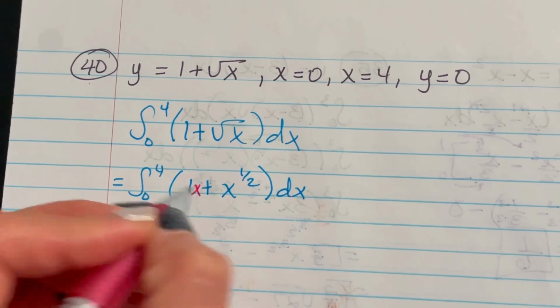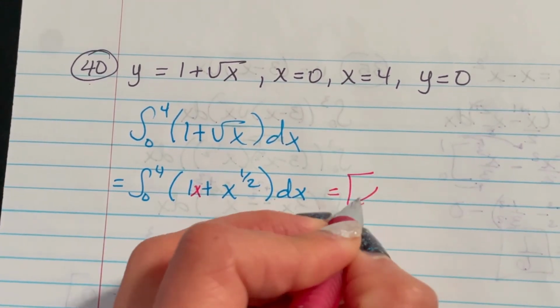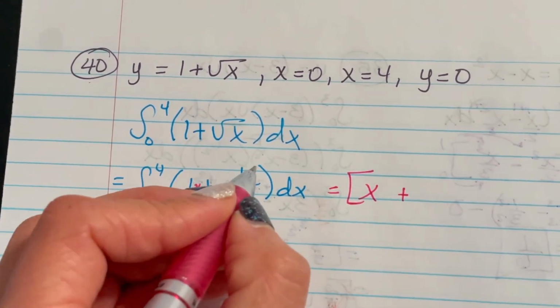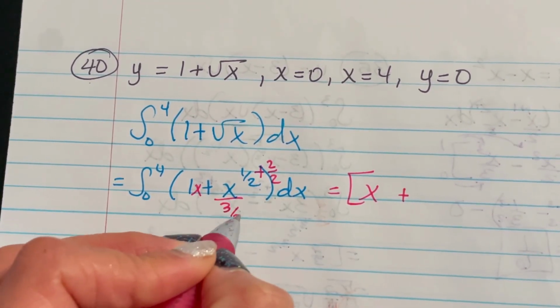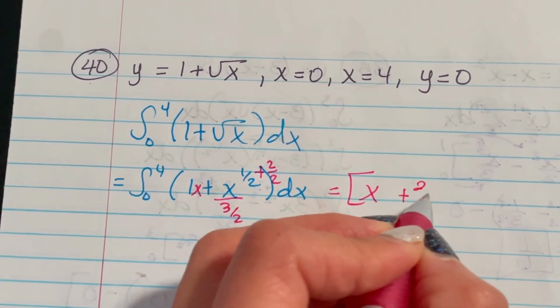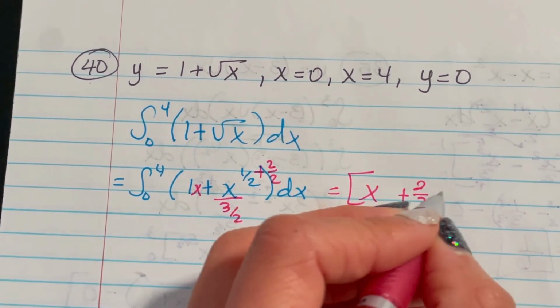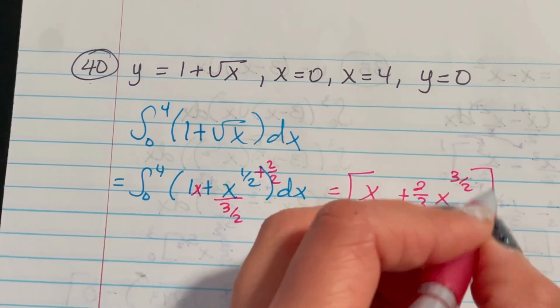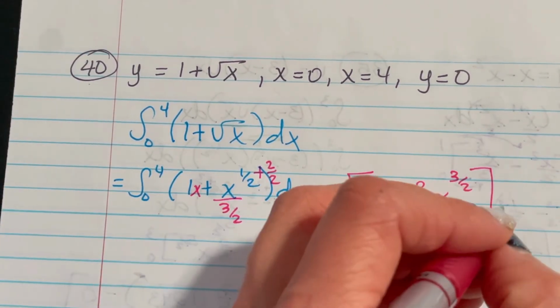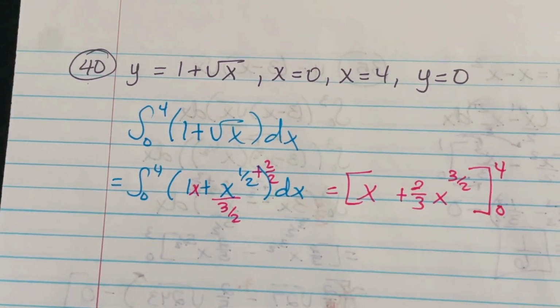Raise the roof right here, we'll just get an x. Plus, raise the roof here, we'll get 3/2. Flip it around, we'll get 2/3. Nothing cancels this time. x to the 3/2, and it's from 0 to 4.